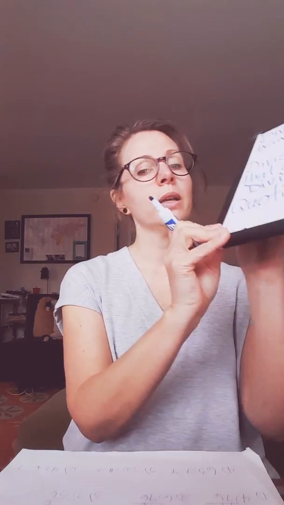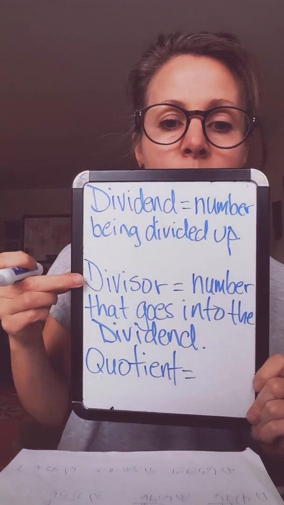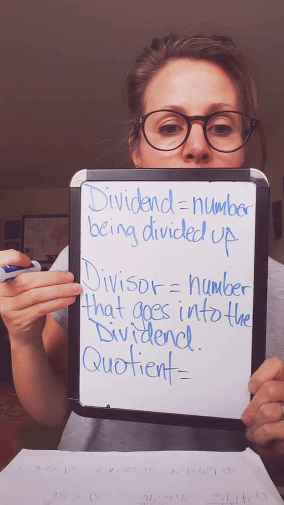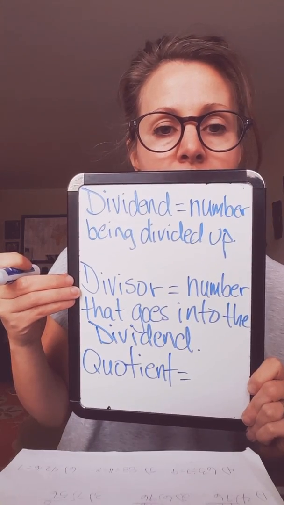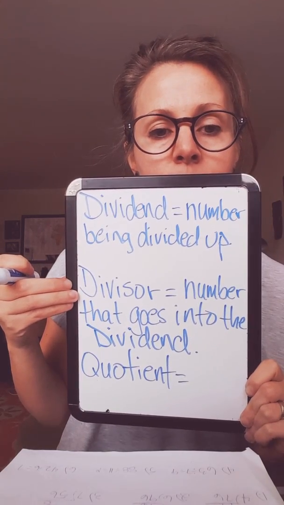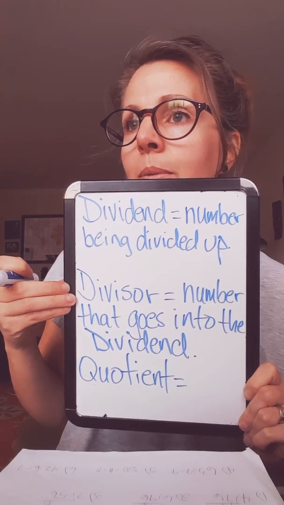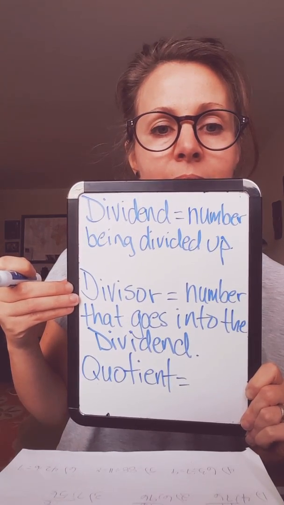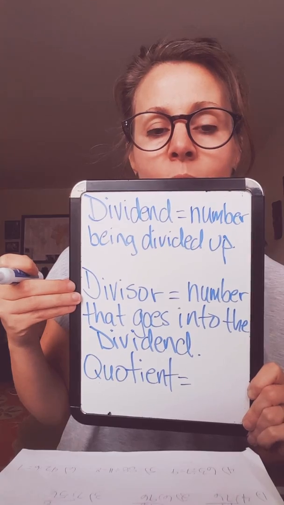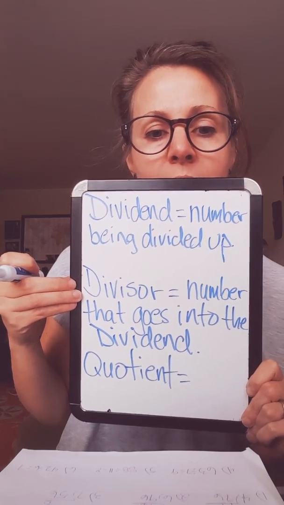Okay? So number 2, the divisor, the number that goes into the dividend is the divisor. So if you would like some more time to write that, hit pause. And if you're all set, let's do quotient.